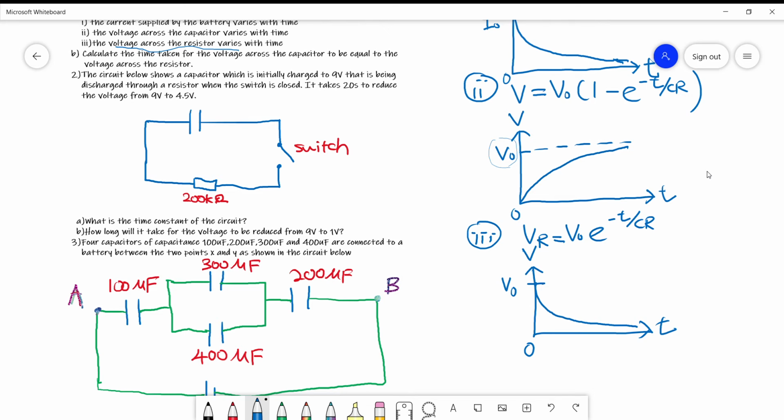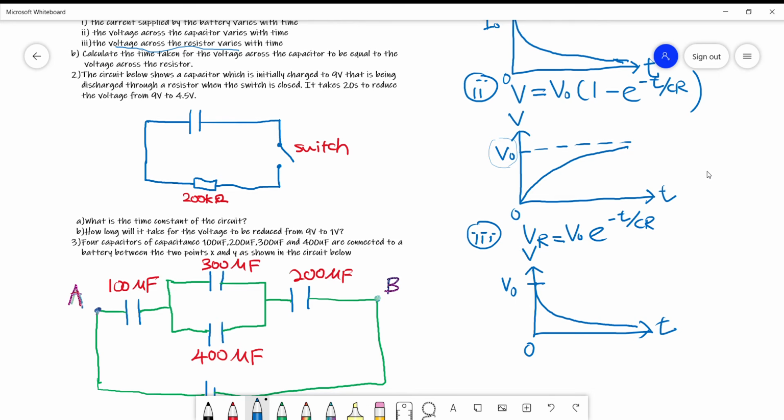Let me check for a while. If I'm not mistaken, the graph should be correct. Yeah, this is the correct way to draw the potential difference of the resistor throughout the time.